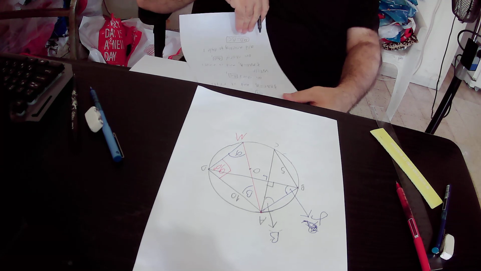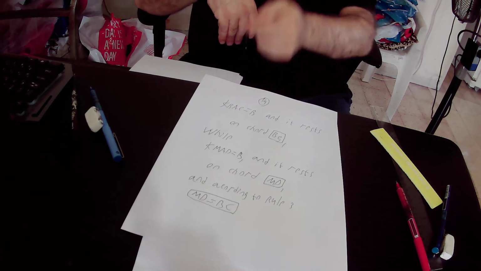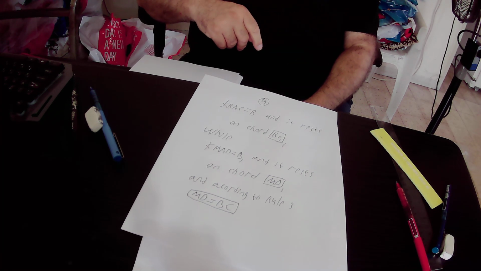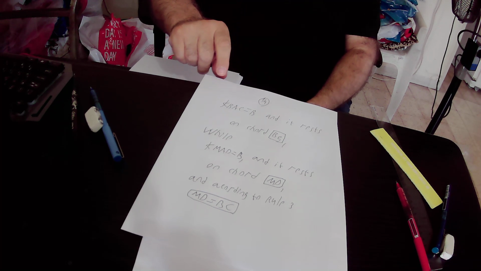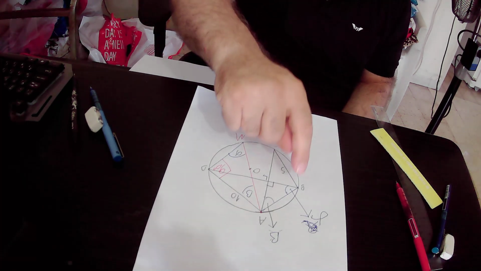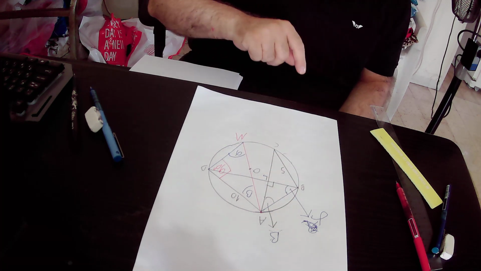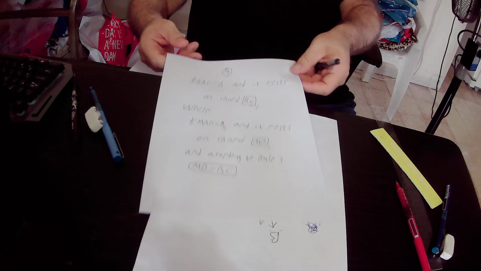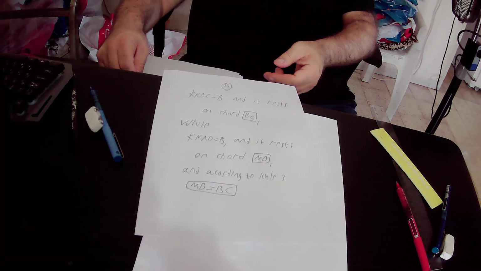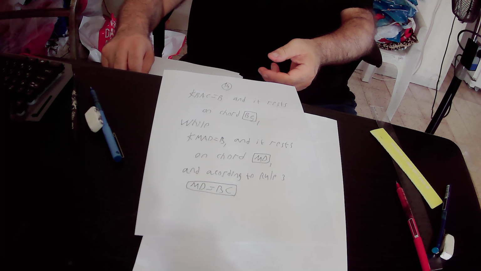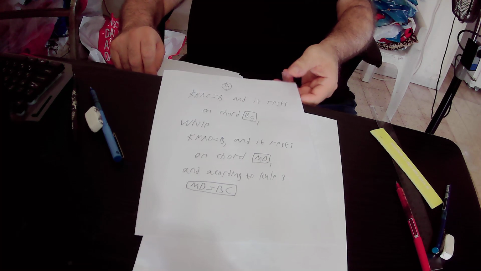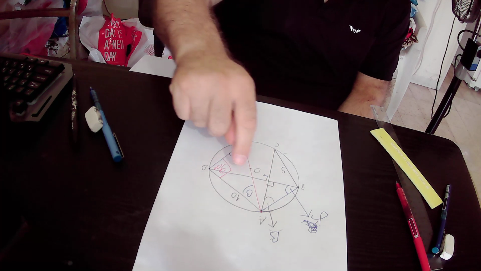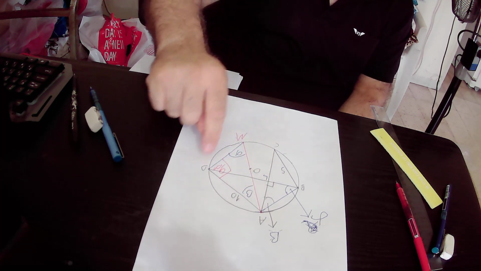So I'll read again what I wrote. Angle BAC equals beta and it rests on chord BC. While angle MAD also equals beta and it rests on chord MD.